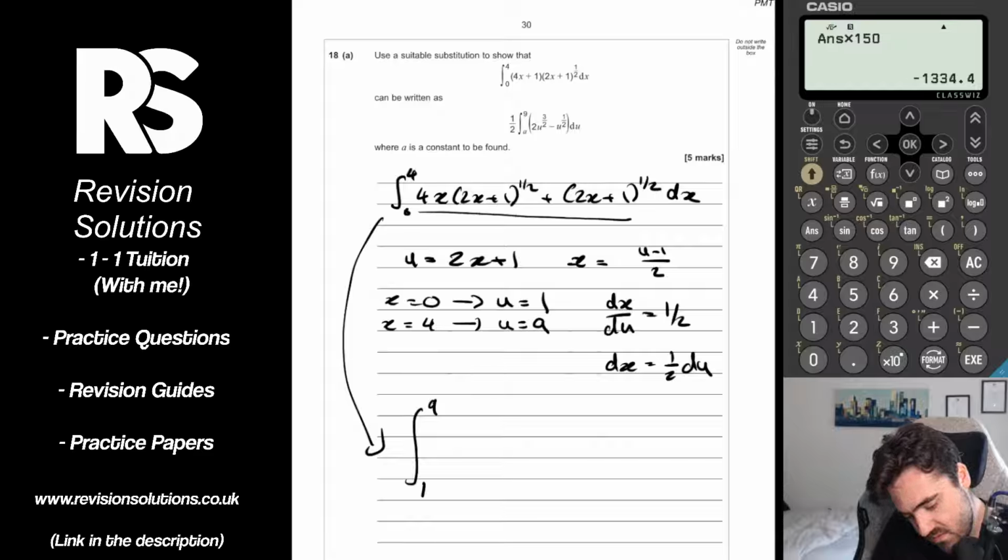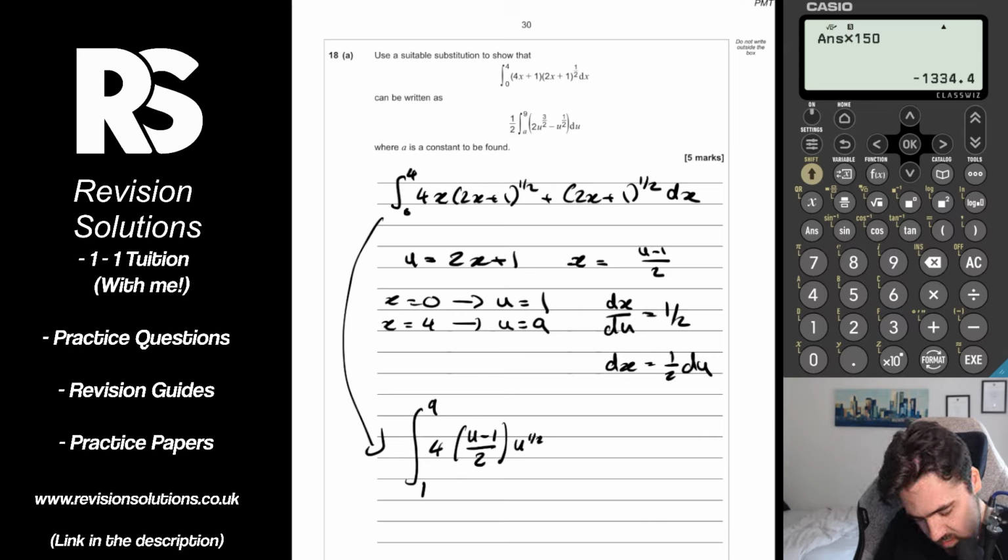If we're subbing into this, we've got 4 lots of our u minus 1 over 2 times the 2x plus 1 to the half, which is just this guy square rooted, so that's u to the half. Then plus another 2x plus 1 to the half, so that's just plus another u to the half.